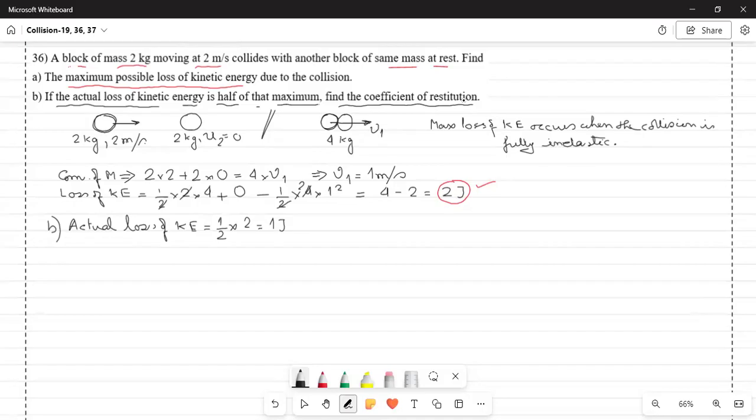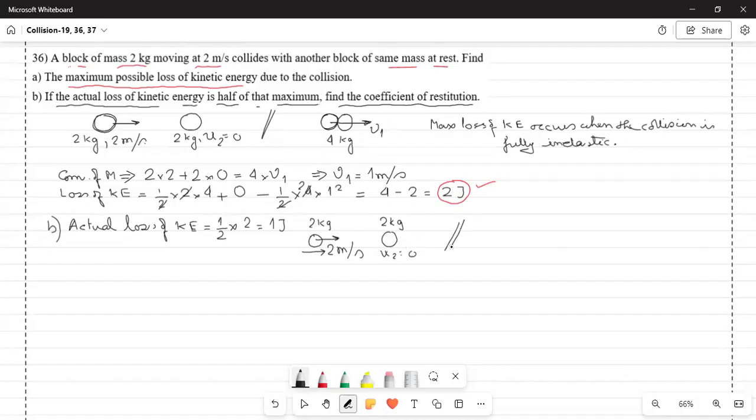Now, in this case, of course, the collision is neither fully elastic nor fully inelastic. So the case is actually like this. We write the case once again. The first body is 2 kg and velocity is 2 meter per second, and the second body is 2 kg and its velocity u2 is equal to 0.